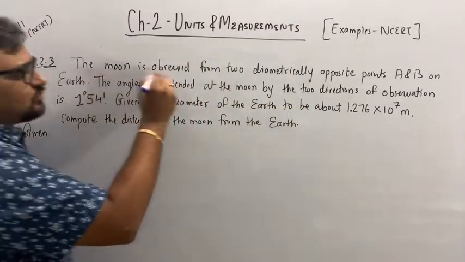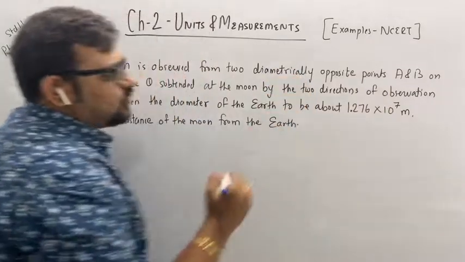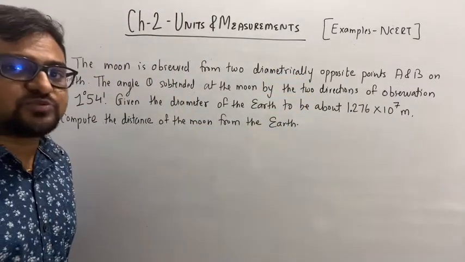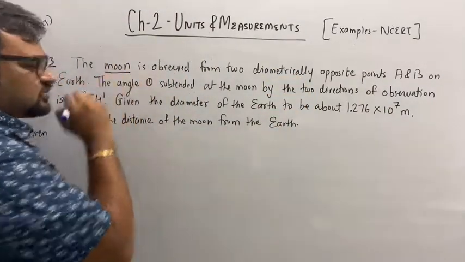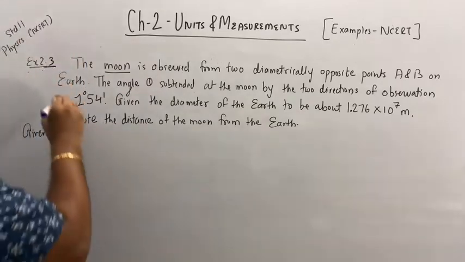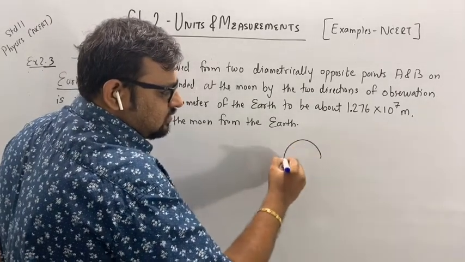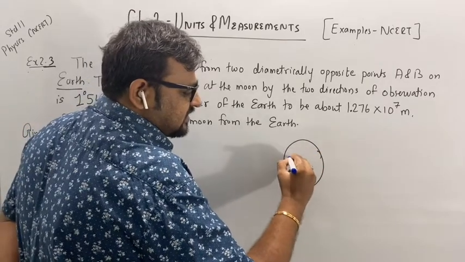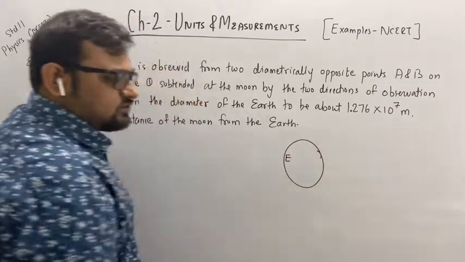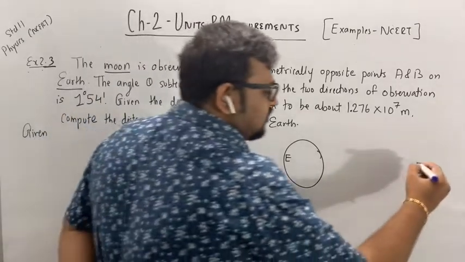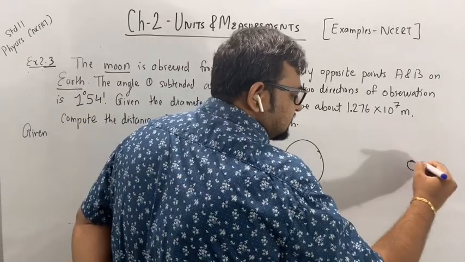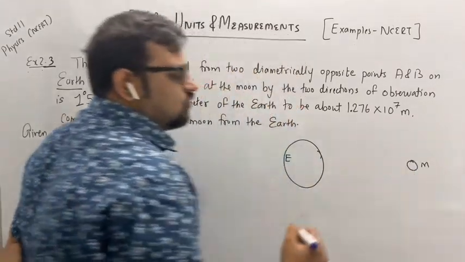See, the moon is observed from diametrically opposite points A and B. Now, what is observed? Moon is observed. From where? From Earth. So what I will do, I will just draw. Let's take this as Earth. And what is observed? Moon is observed. Let's take this as Moon.